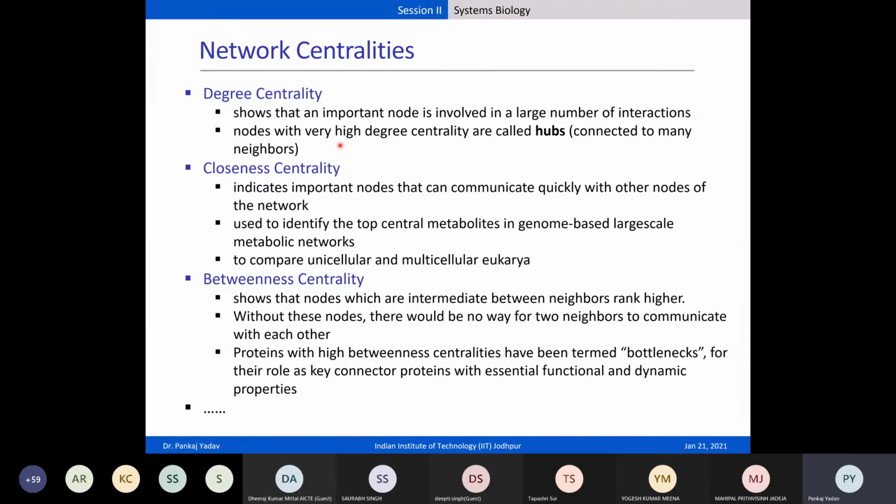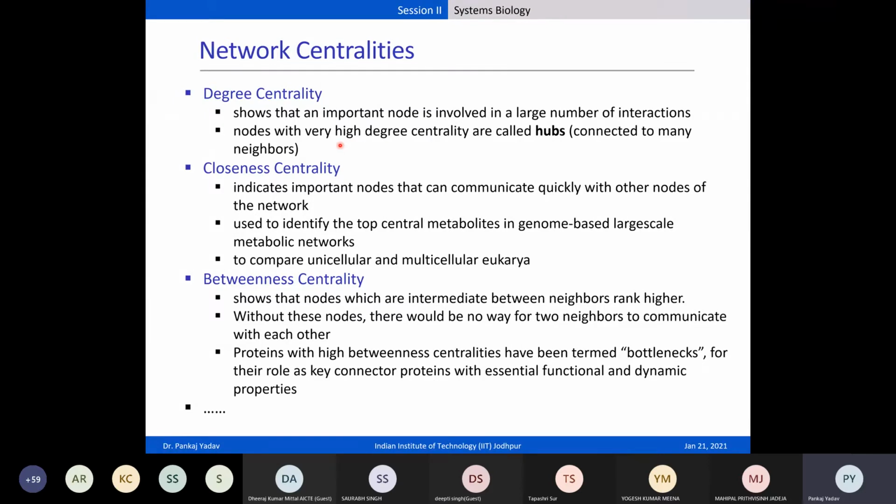But in protein interaction networks, it doesn't make sense to have a direction, because if protein A is interacting with protein B, it also means that protein B is interacting with protein A. So here the directionality is meaningless.